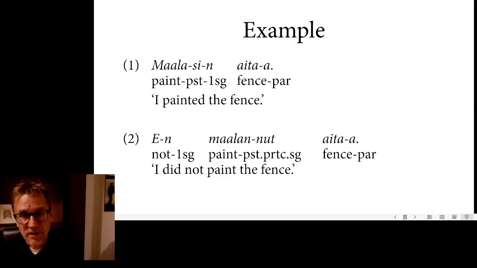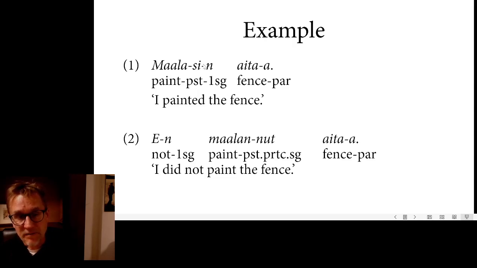What I want to point out here is simply that in the first sentence, which contains the finite verb, the verb itself contains at least three elements. First, there is the verb stem, to paint, then the past tense morpheme, si, and then the first person singular agreement, n.